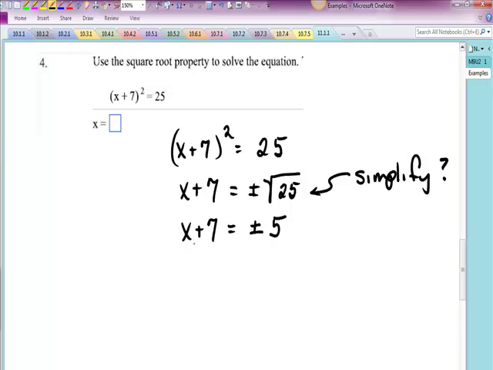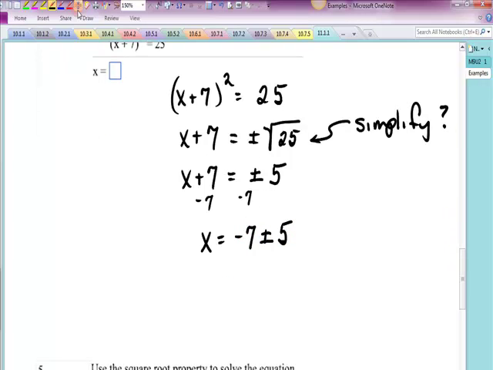Now I need to solve for x. I'll subtract 7. Let me recommend that you put the minus 7 in front. People make fewer mistakes if you do that. So I have negative 7 plus or minus 5. All right, what are my two answers? Well, I have x is equal to negative 7 plus 5, and x is equal to negative 7 minus 5.